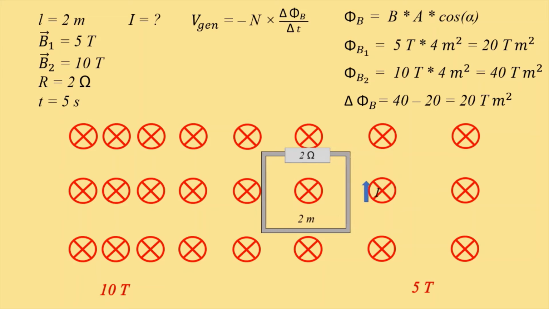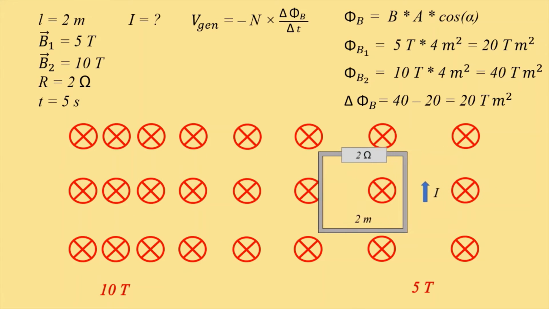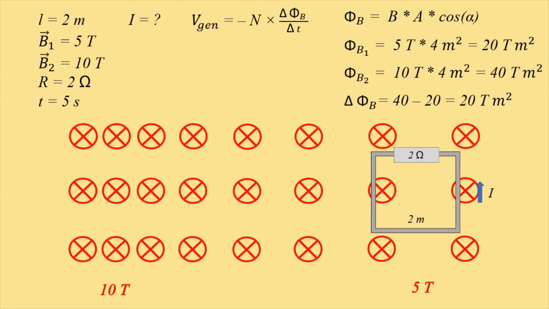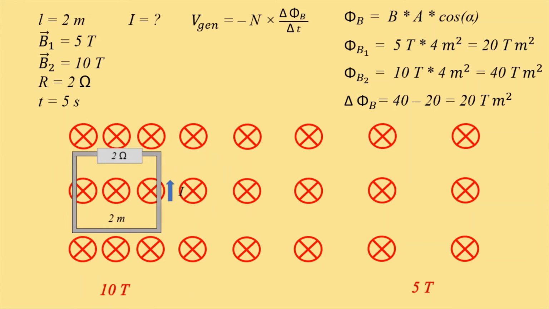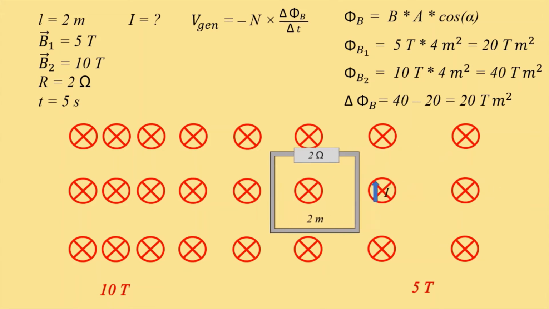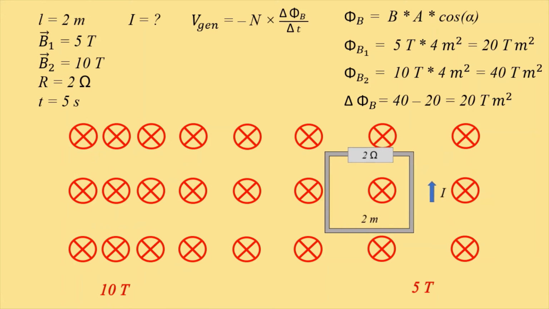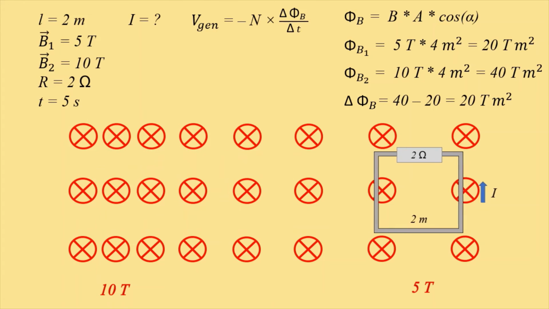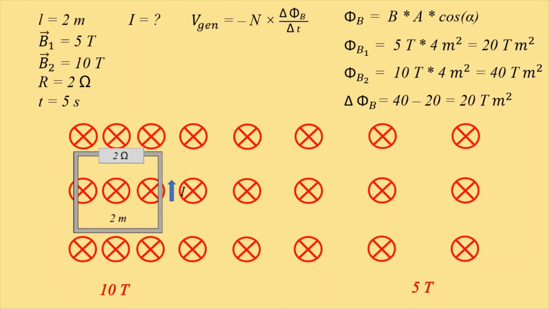The alpha is how much the loop is at a different angle than perpendicular. We will show that more properly in the next example. Just ignore it. This is the cosine of 0 degrees, and that's 1, so we can ignore it.